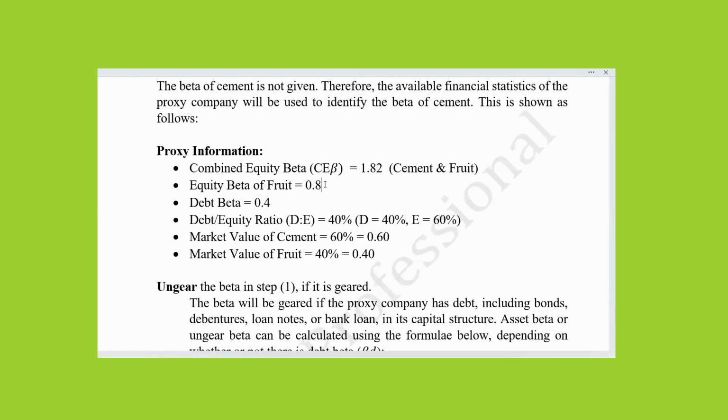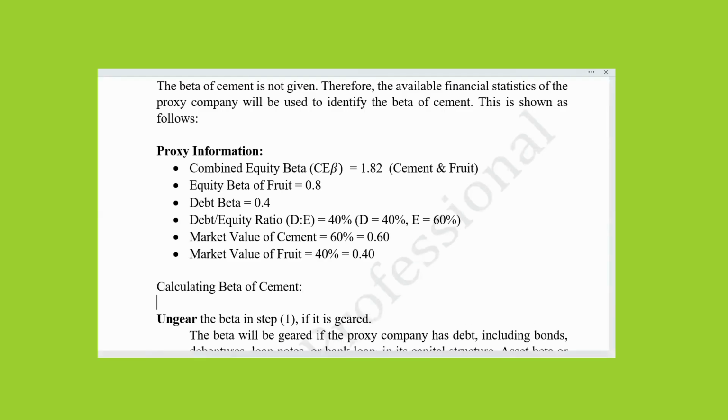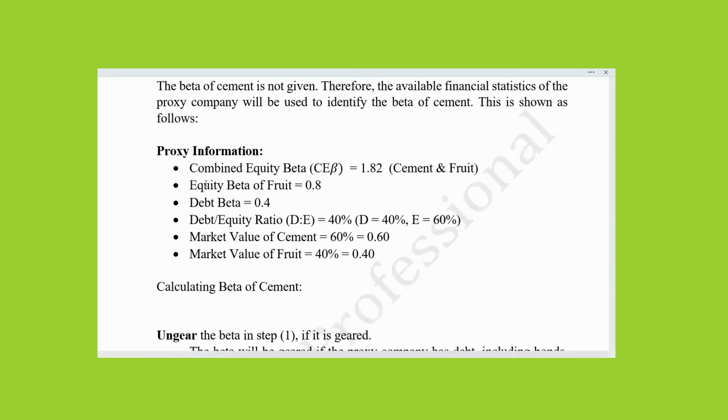So you can use the known variables to get the unknown variable. In this case, I want to calculate beta of cement. That's what you are looking for. You don't have it in the question. That's why we are going through all of this.